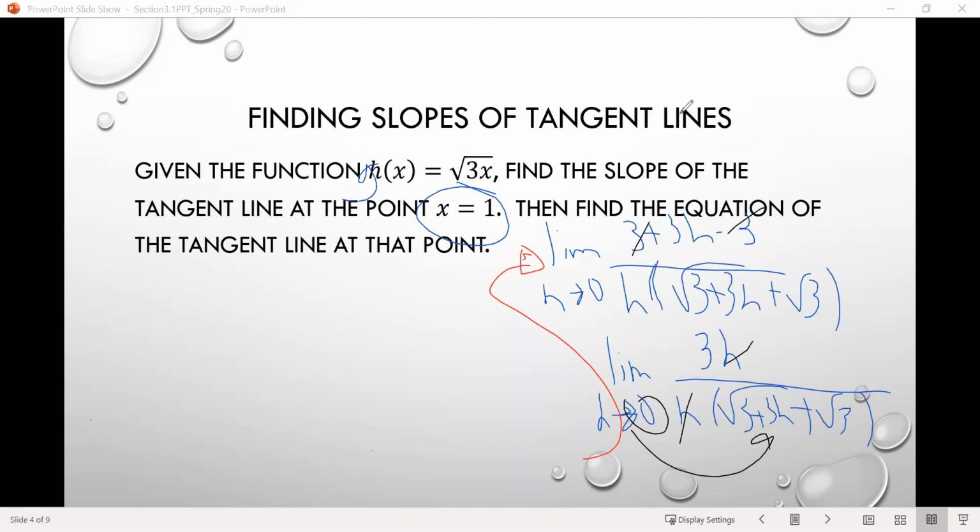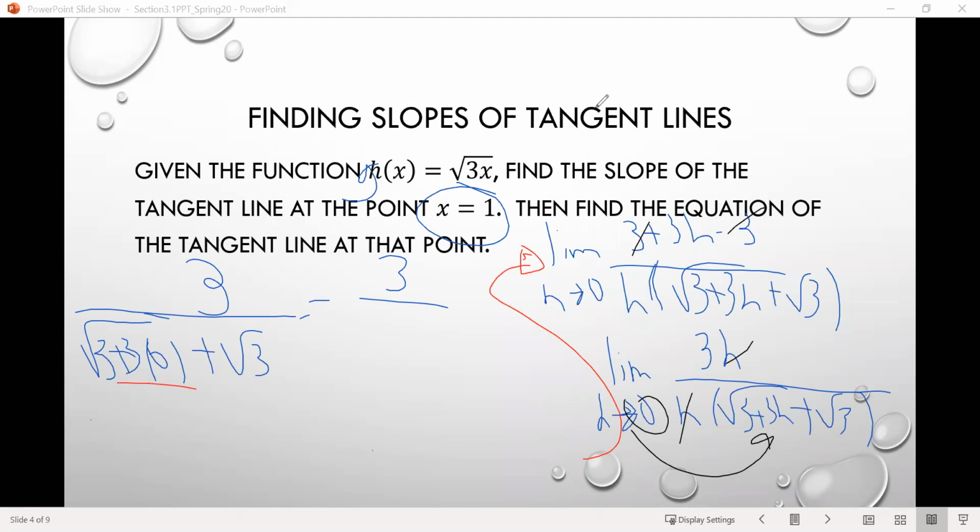So what we'll have then will become 3 over square root of 3 plus 3 times 0 plus root 3, which is going to still give us a 3 on the top. If we think about it on the bottom here, this 3 times 0 becomes 0, so we'll have root 3 there plus root 3. Root 3 plus root 3 gives you a 2 root 3, right? Okay, so it looks like our slope is 3 over 2 root 3.